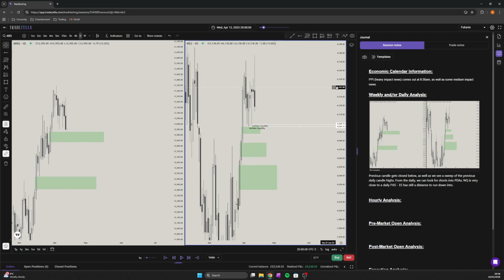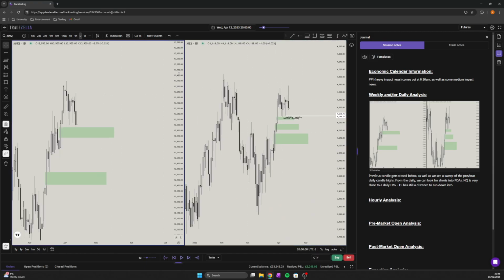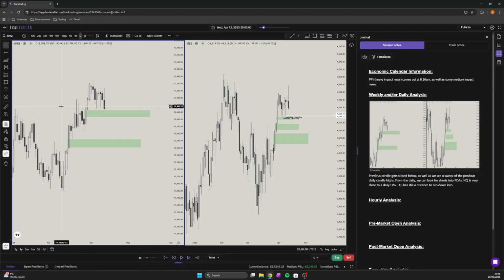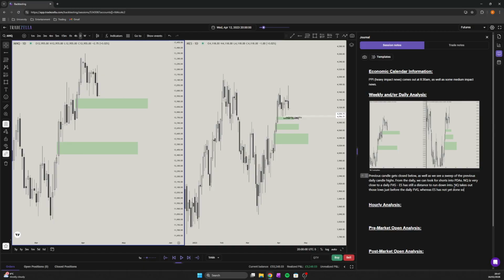I'm worried about maybe an SMT because we are in an uptrend overall. So let's mention that: NQ takes out those lows just before the daily FVG, whereas ES has not yet done so.